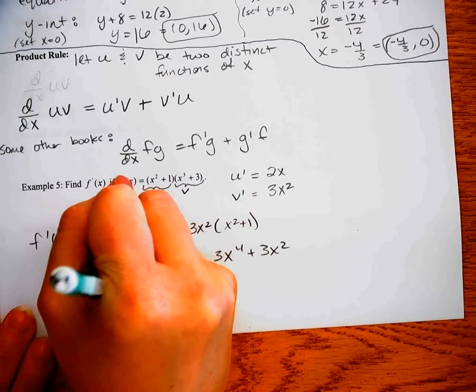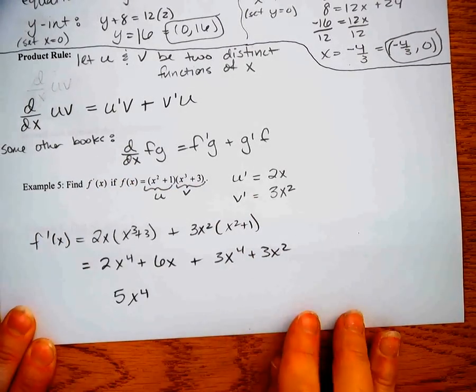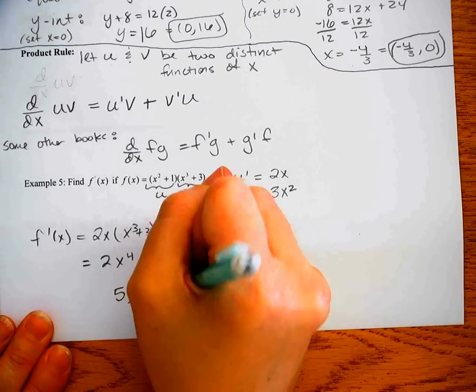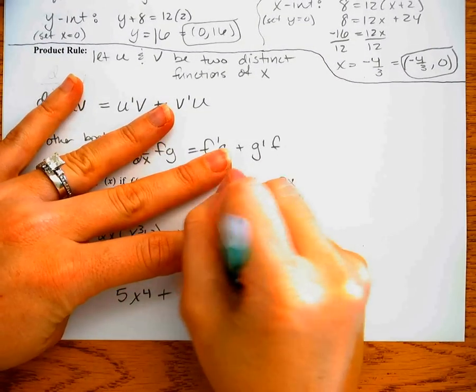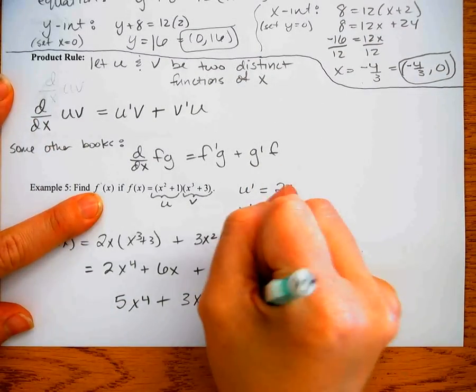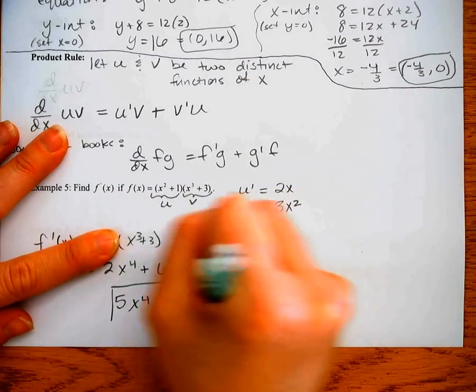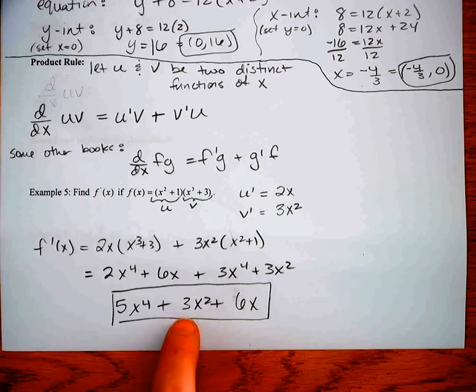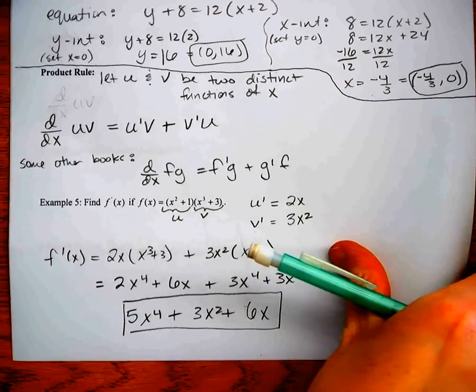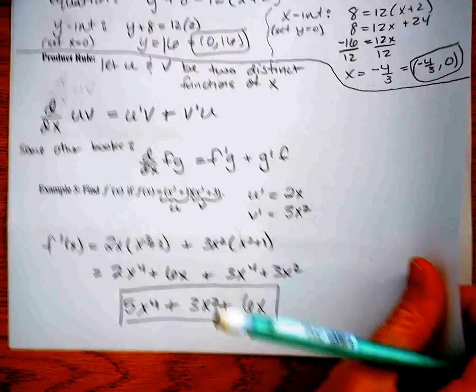Combining our like terms, we get 5x to the 4th plus 3x squared and then plus 6x. And that is our derivative of this function with respect to x. And that's product rule.